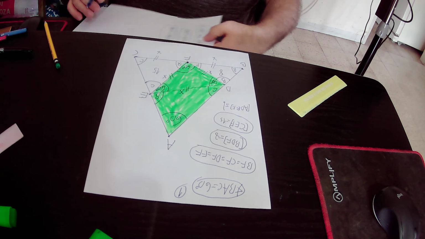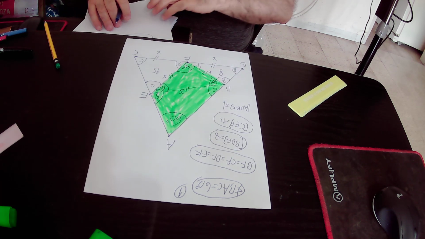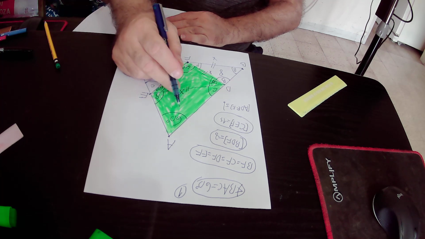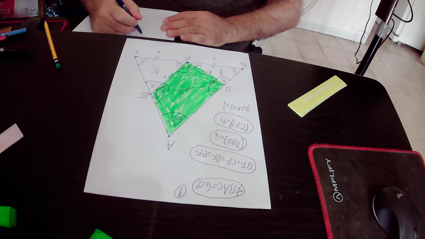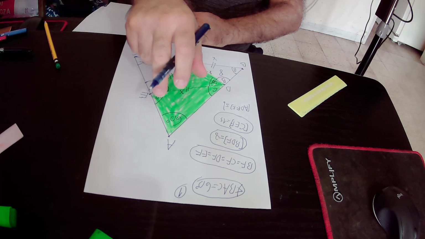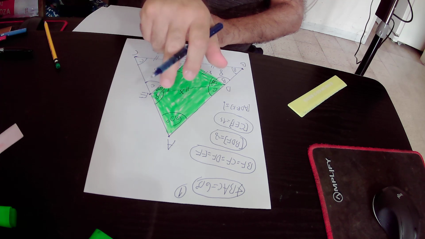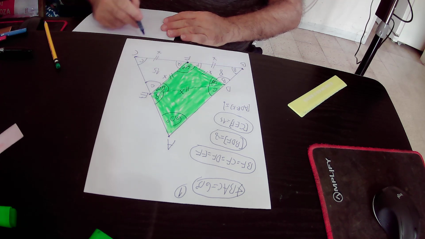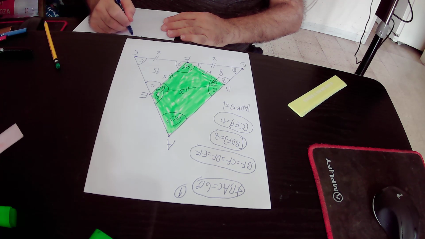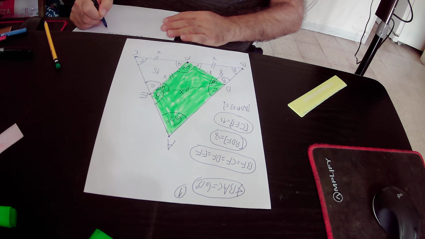And the third angle, this angle A, is a common angle. It actually belongs to triangle ADE, and angle A that equals 60 degrees belongs also to triangle ABC. So we can write down that angle A equals angle A. Actually, it is a common angle. It belongs to both triangles.